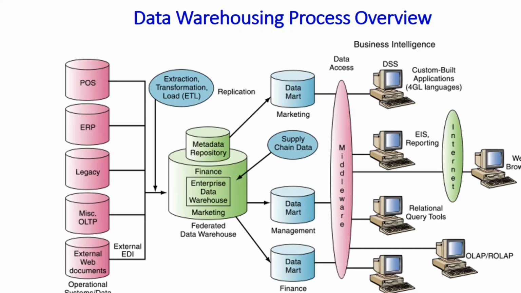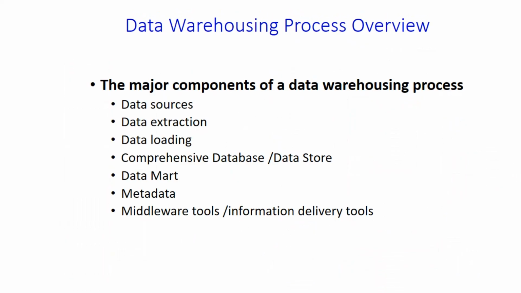Now comes the middle layer or tier, where the data warehouse will have to be fed for what? Performing queries and generating reports to be used by what? Executives. And these queries can be performed using OLAP operations or a ROLAP server. OLAP is online analytical processing. ROLAP is relational online analytical processing. And these queries can be submitted through a web browser. So this is the interface of data warehousing.